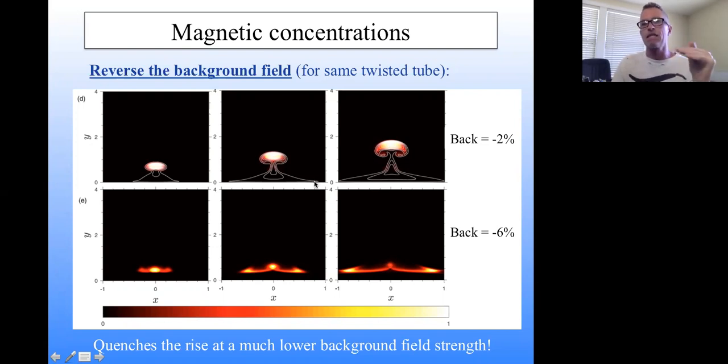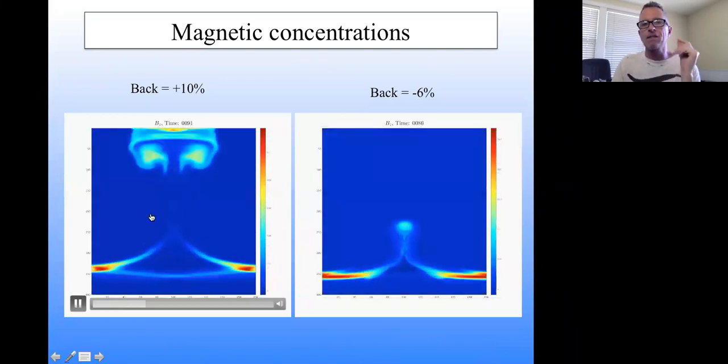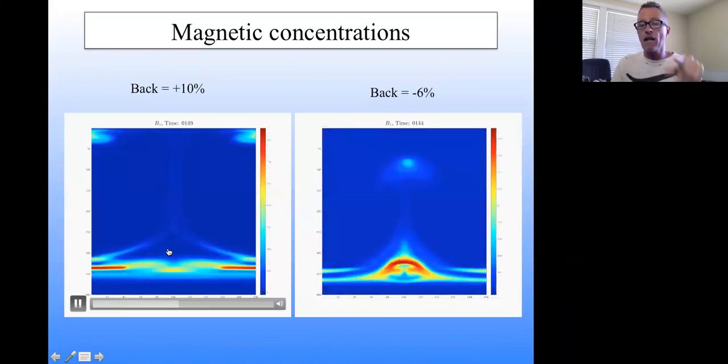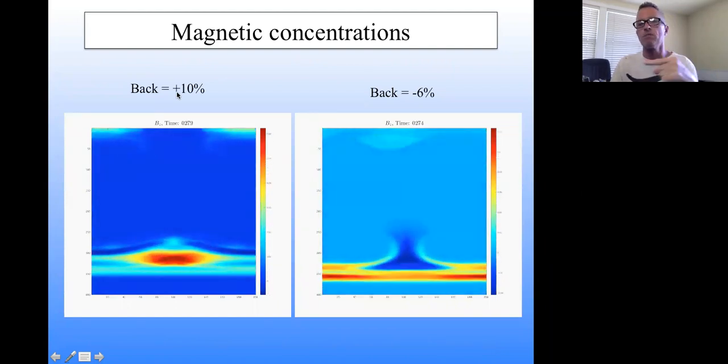But it does make a difference, because there is a sense to the twist and there is a sense to the direction of the background field. And those act together to change the behavior of this tube. So here's a comparison of these two things. On the left is a background where it goes from left to right with plus 10%.